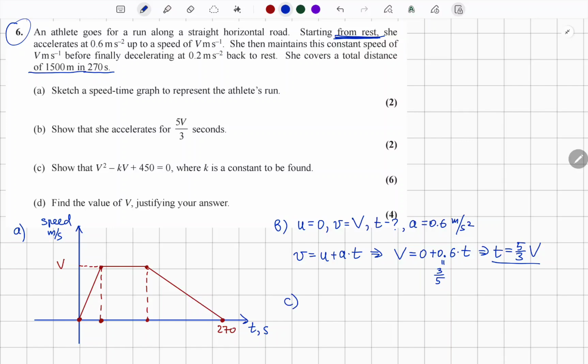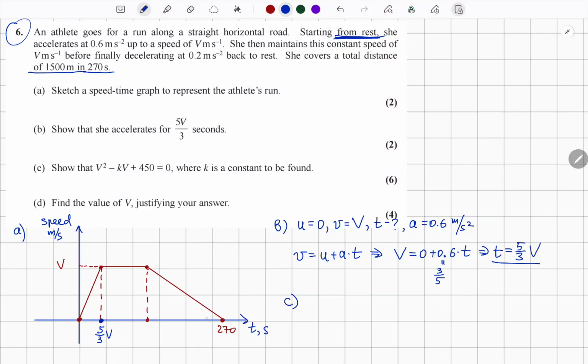Part C: show that v squared minus kv plus 450 is equal to 0, where k is a constant to be found. I know from part B that this point in time is 5 over 3 v.